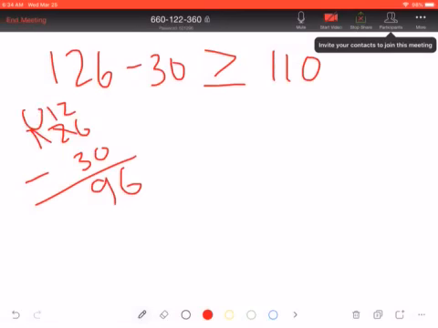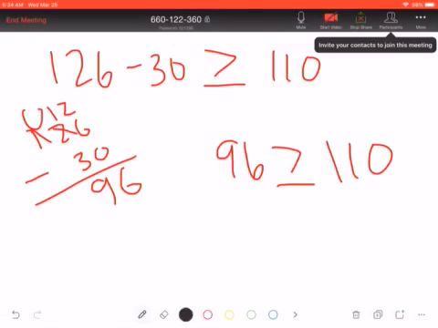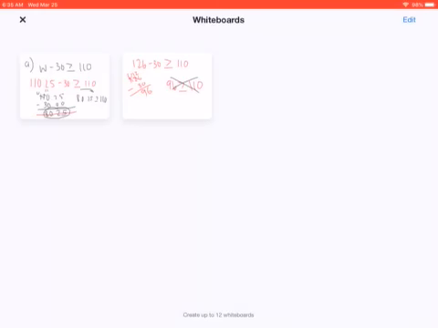All right. Okay, so then you just ask yourself, fill it in, 96. Is 96 greater than 110? No. Is 96 equal to 110? No. So this answer cannot work either. That estimate was wrong.